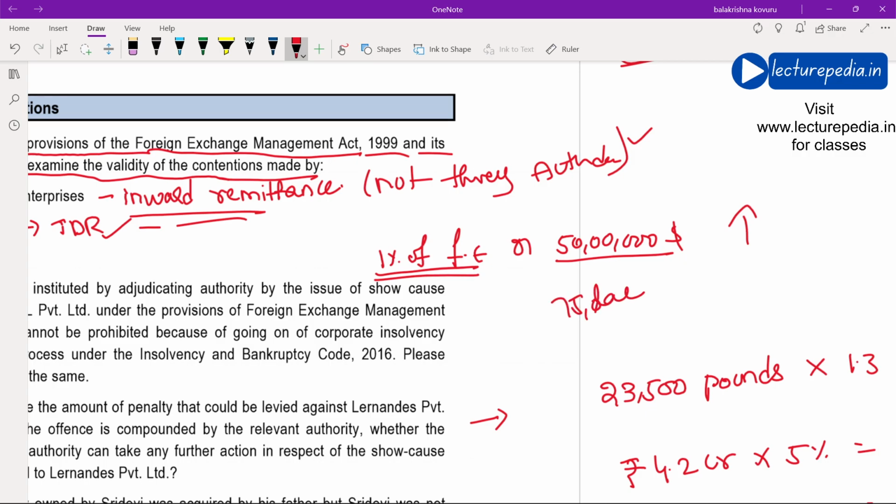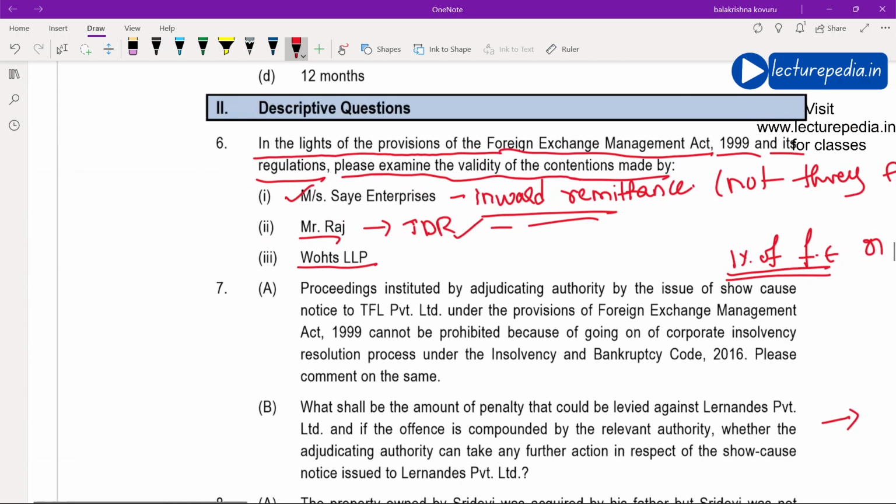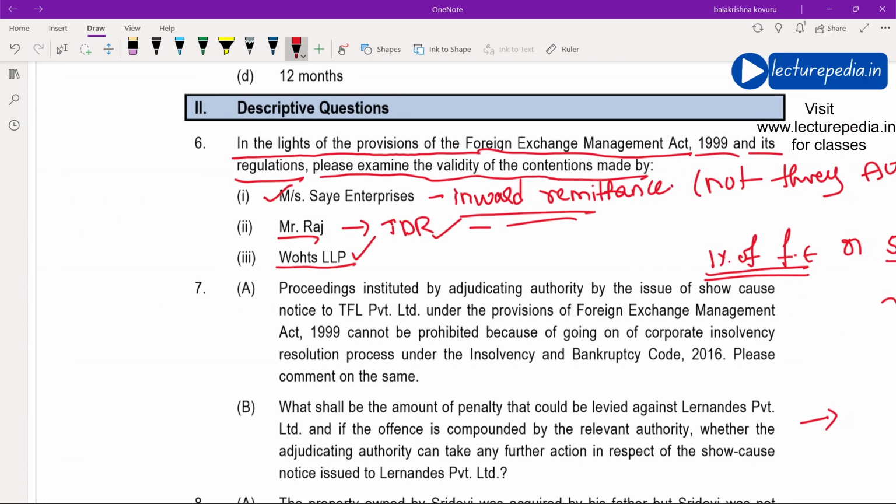Now 1% of 75 lakh turns out to be 75,000. But in the case study, Votes LLP has made a donation of 90,000 without taking prior approval of RBI, which is not allowed. Hope this is clear. Thereby, the contention made by Votes LLP is not valid.